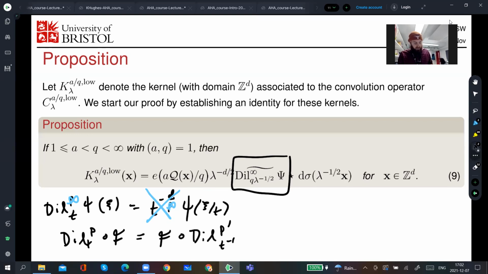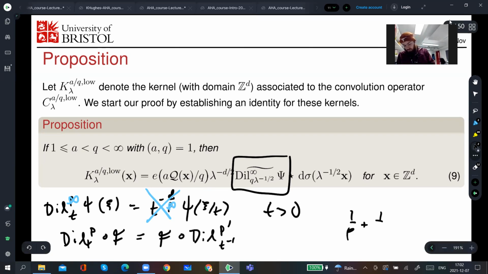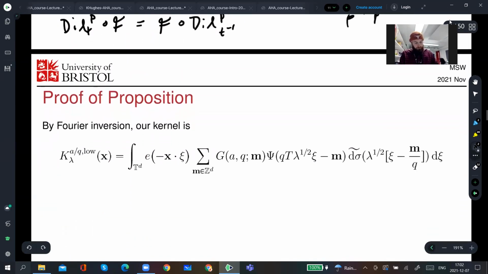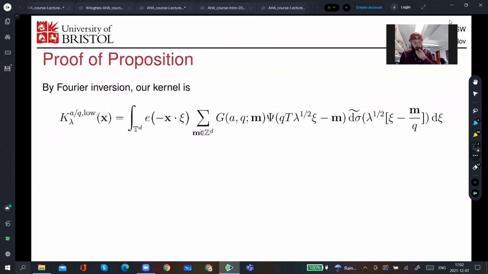That means that this parameter t, which is always greater than 0 to dilate by, gets switched to t inverse, and the exponent p gets switched to p prime, where 1 over p plus 1 over p prime is equal to 1. Right. Now we need to prove this proposition. Take a moment to pause.